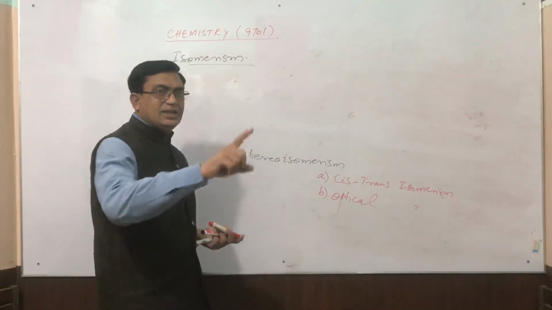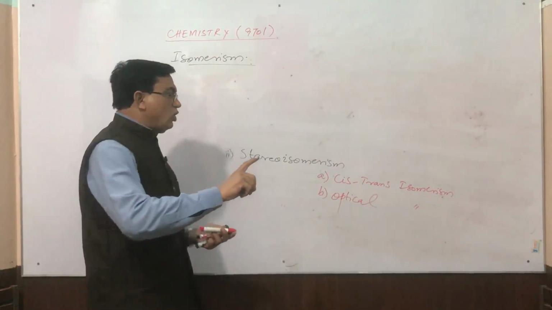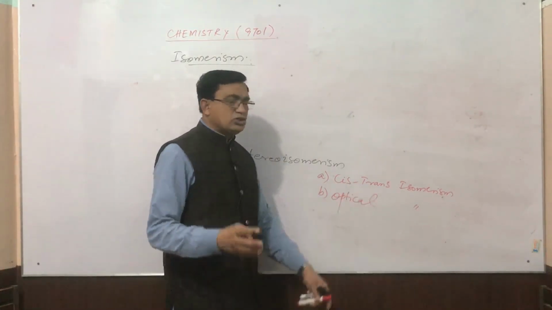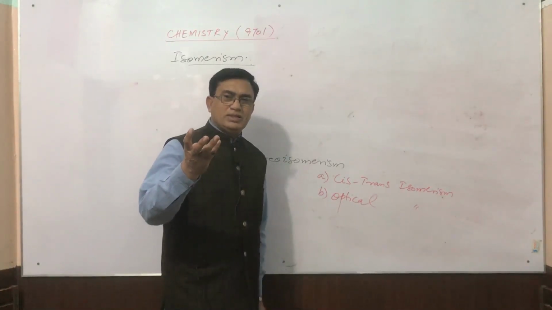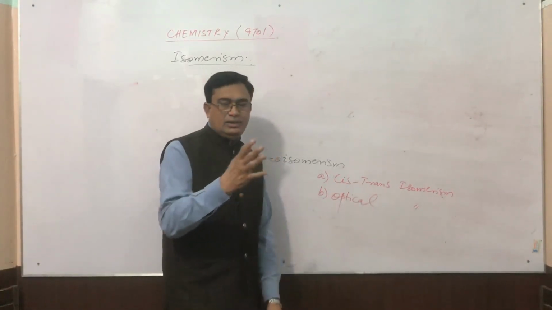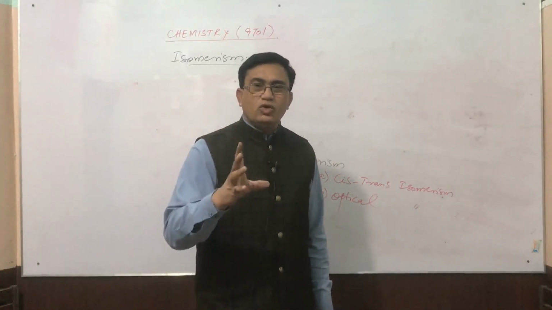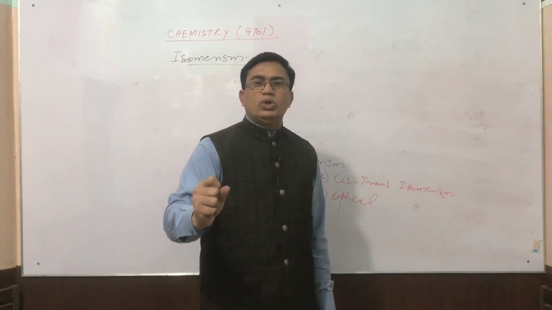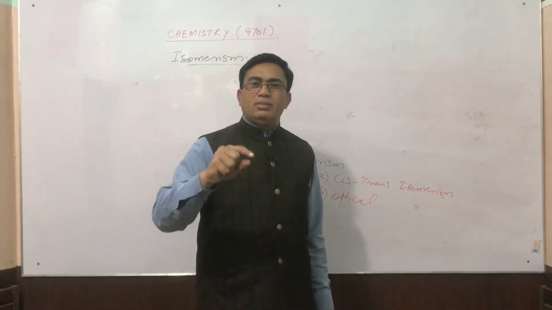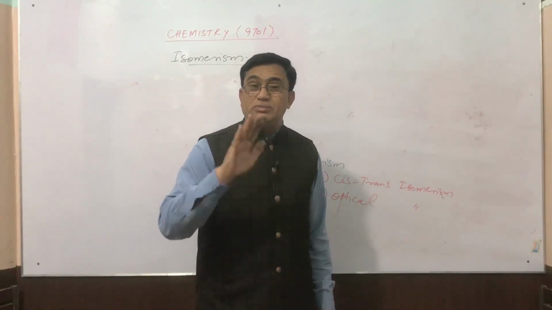Now, there are two basic conditions for cis-trans isomerism. Number one, a double bond should be present between two carbon atoms, and secondly, all the groups attached to the carbon atoms containing the double bond must be different.